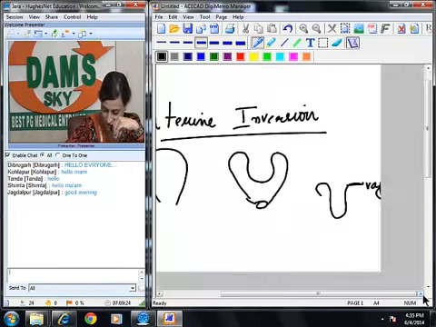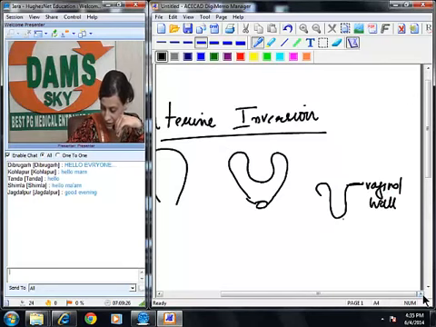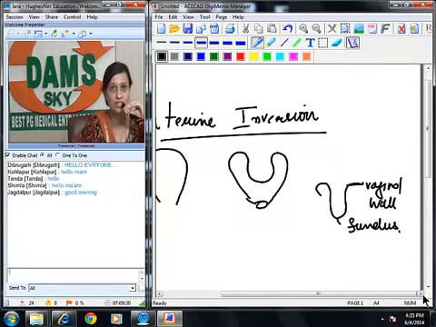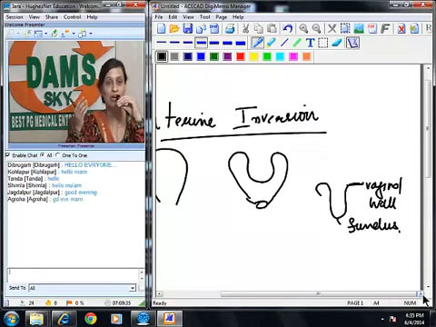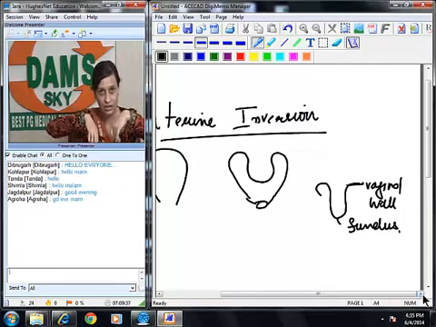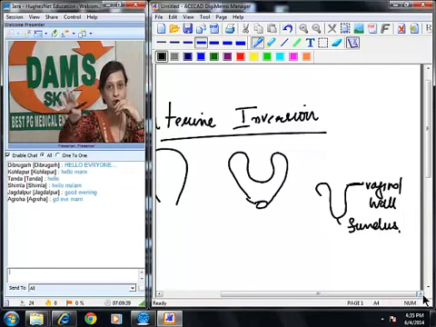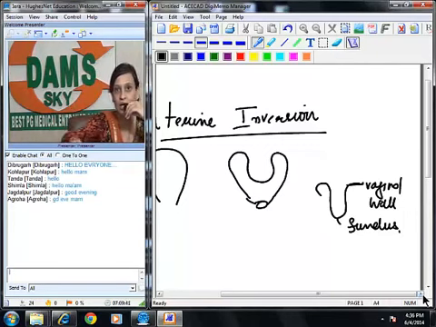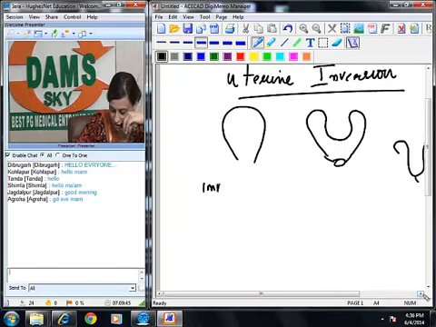So this is the vaginal walls and this is the fundus. So this is what is inversion of the uterus. The fundus is going to get inverted and then come out of the internal os, the external os, the vagina, and so on.